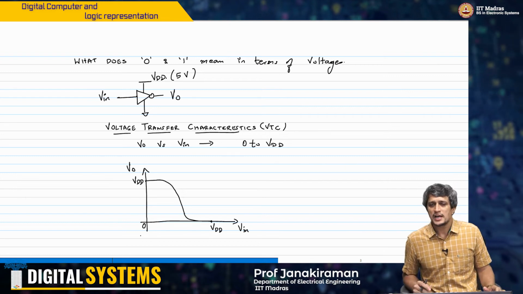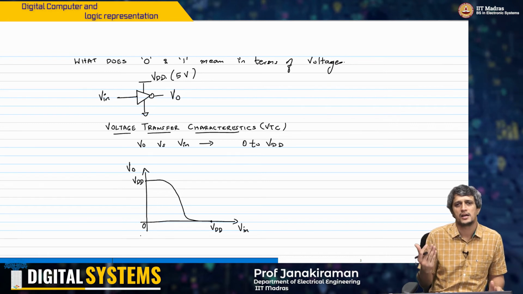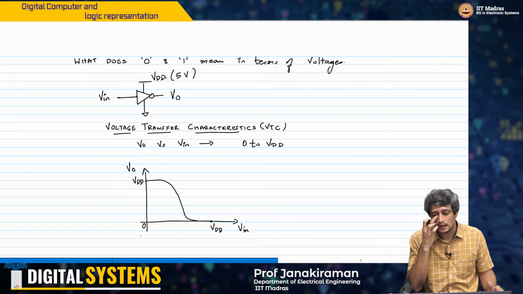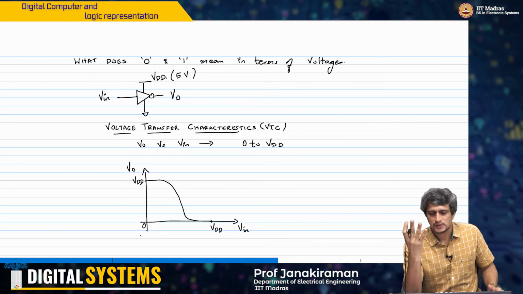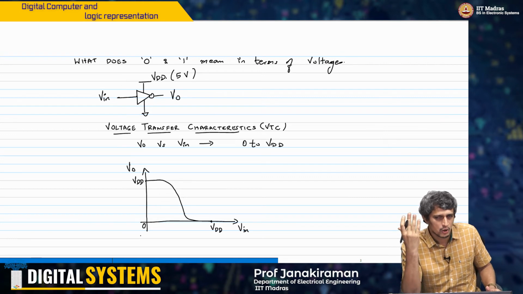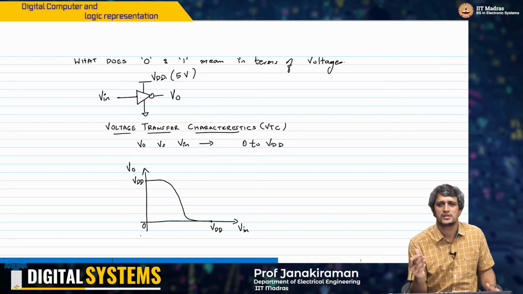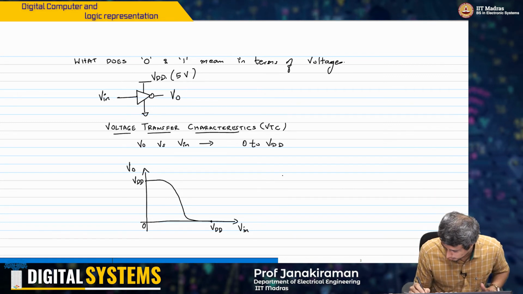Now the question really is, what can I consider as a logic 0 and what can I consider as a logic 1? The first obvious answer that would come to all our minds is logic 0 means you make it ground, 0 volts.